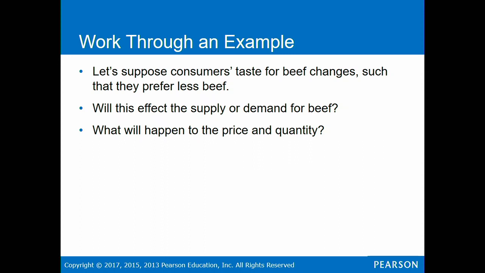So it's not worth it to sell more beef. Because again, the more you produce and the more you sell, the more costly it's going to be. Whether it's people you have to hire, or, I don't know, a larger field for the cows to graze. So when we shift supply and demand curves, we end up moving both the price that we're selling at and the quantity that's being sold.